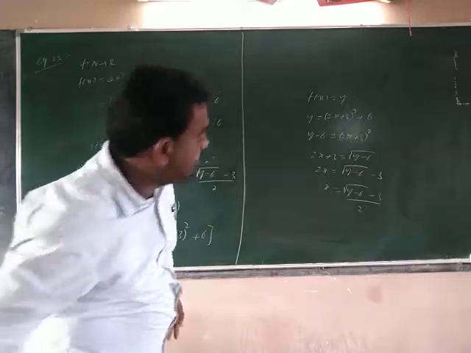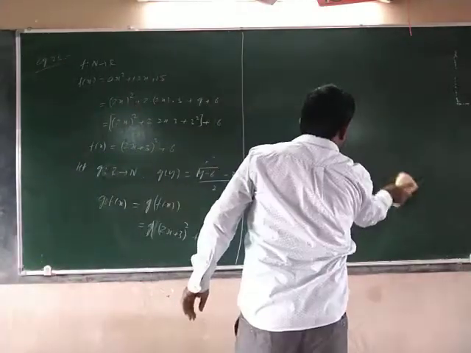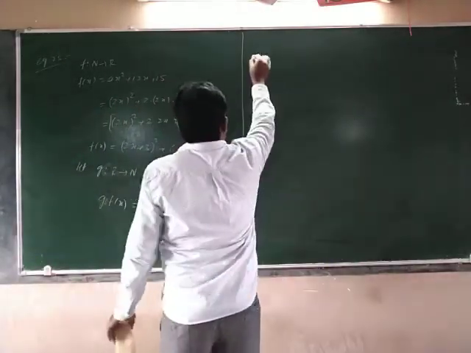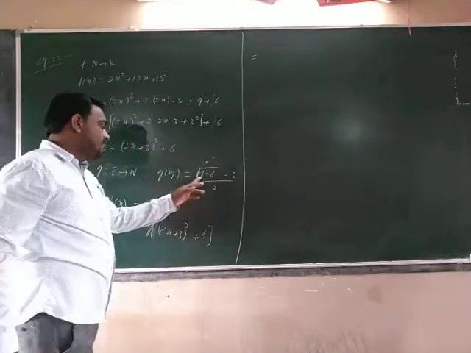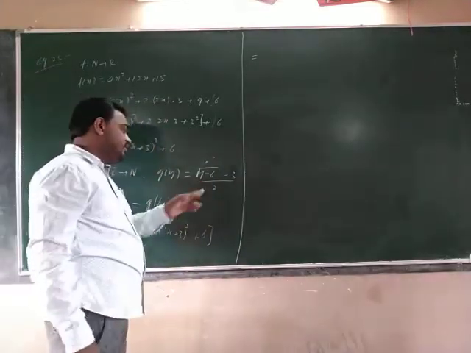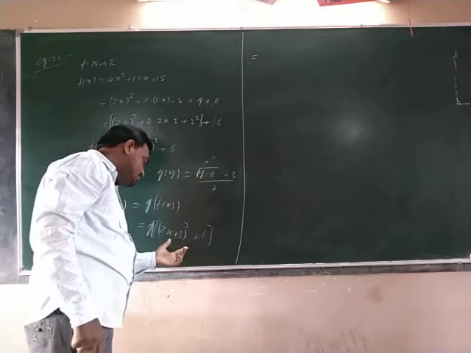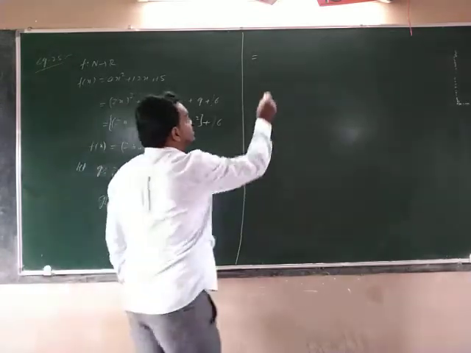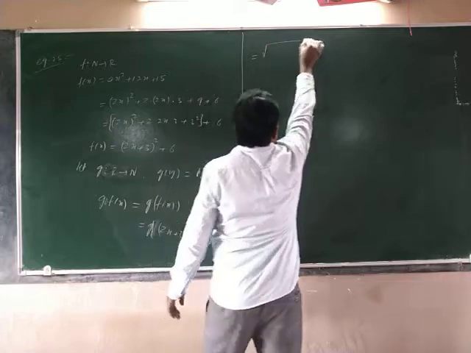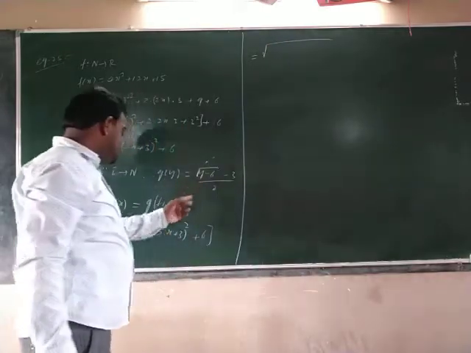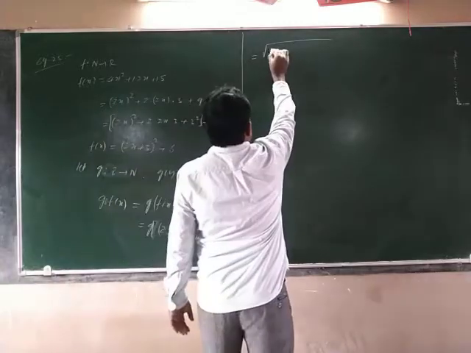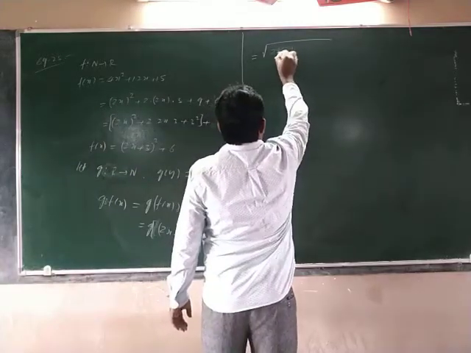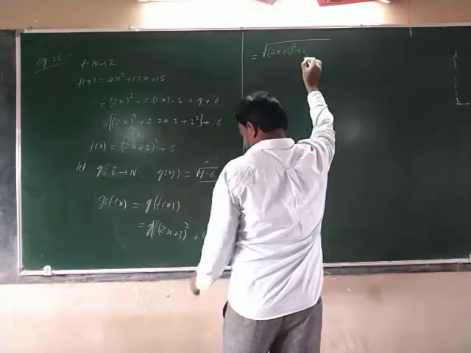That is g of, just in place of y we substitute this one. So that is the square root of y is there. In place of y, what we are writing here? 2x plus 3 whole square plus 6.